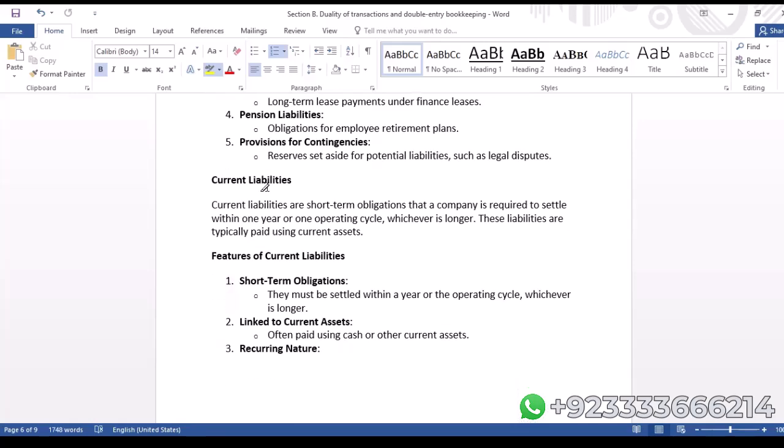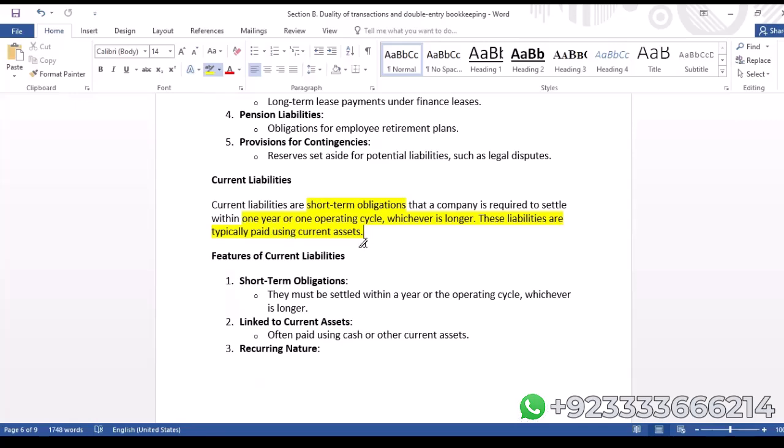Now moving on to current liabilities. Same as current assets, current liabilities are short-term obligations that a company is required to settle within 1 year or one operating cycle, whichever is longer. These liabilities are typically paid using current assets.